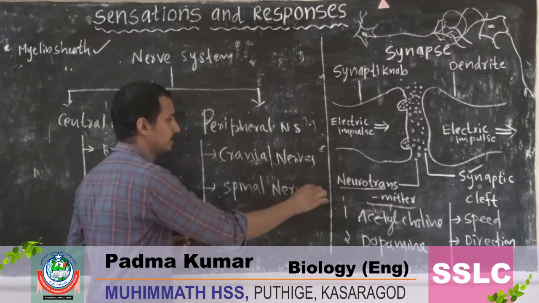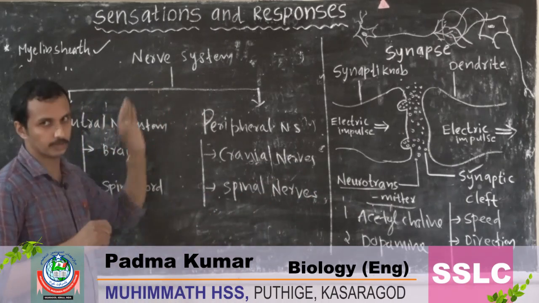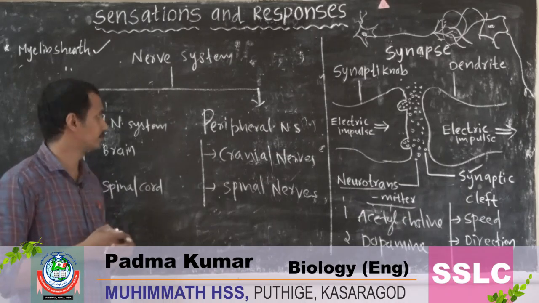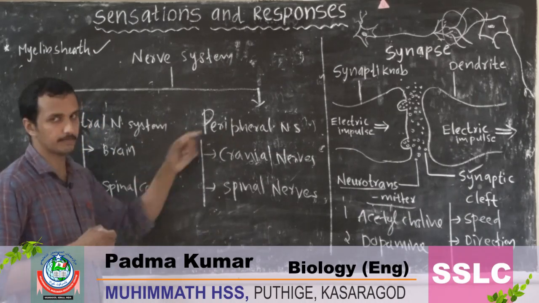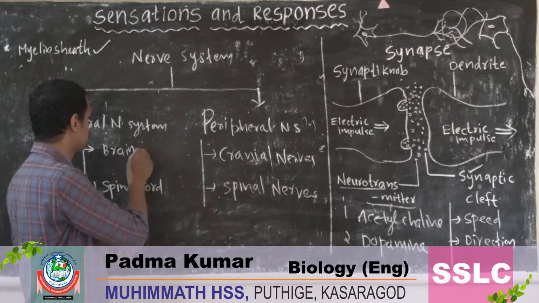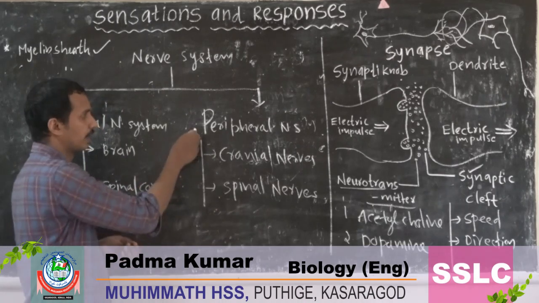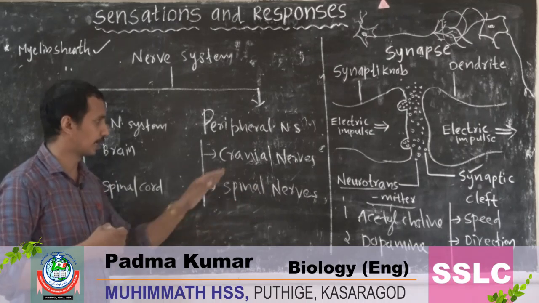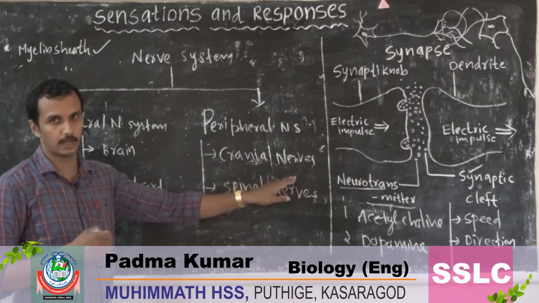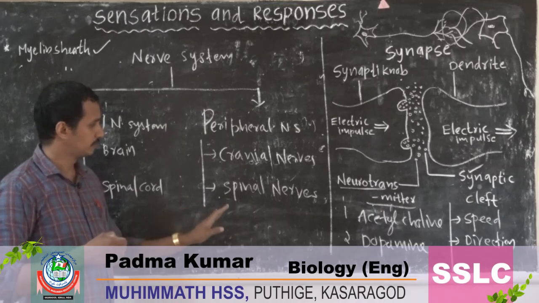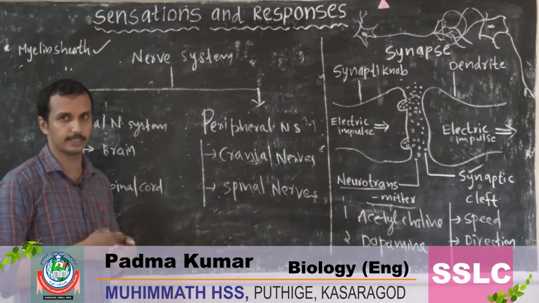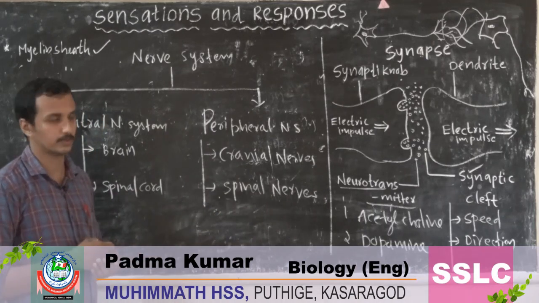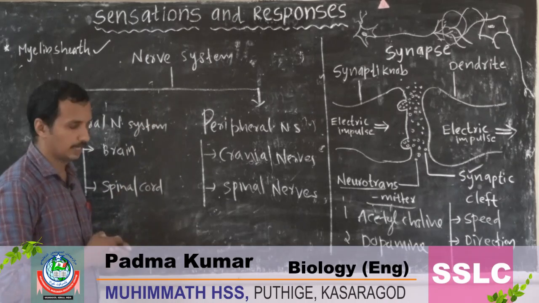So it is a chart showing nerve system. There are two types of nerve system: central nerve system and peripheral nerve system. Cranial nerves are nerves arising from brain. Spinal nerves are nerves arising from our spinal cord. So that is about nerve system.